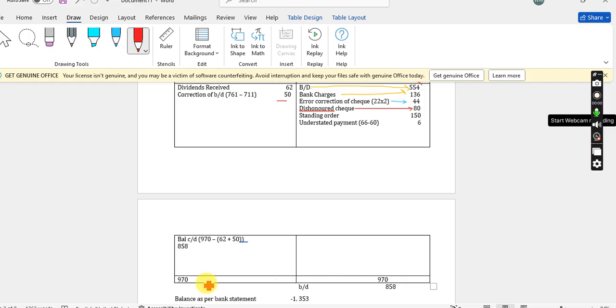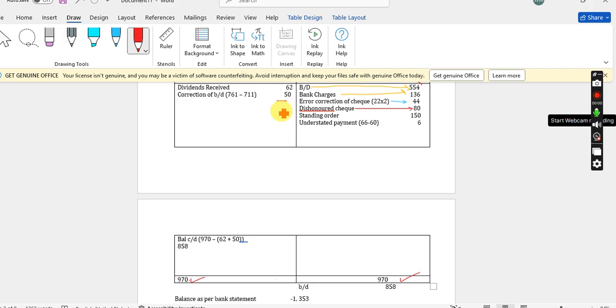So the bigger amount, you put it on both sides. You put 970 here and 970 here. Then you subtract the total credit minus the total debit.